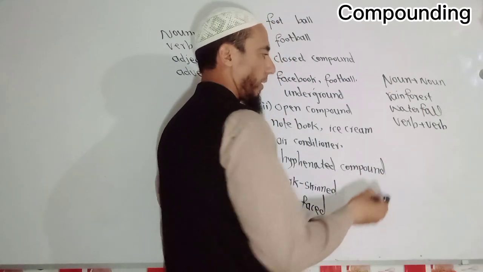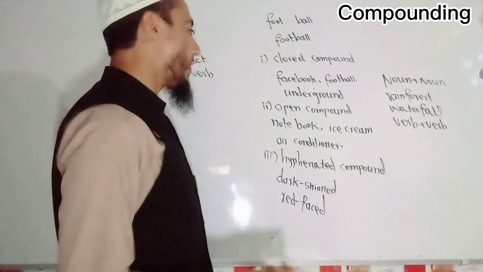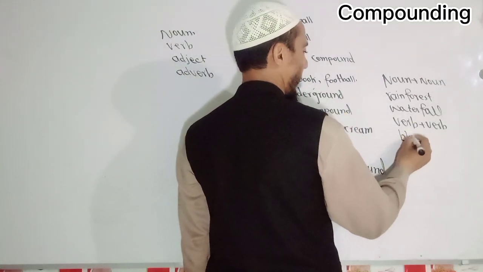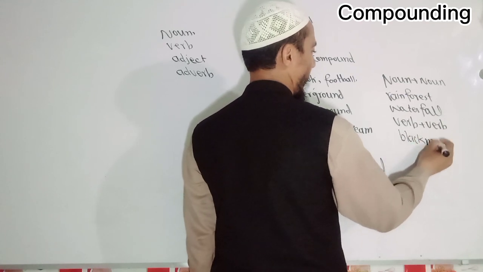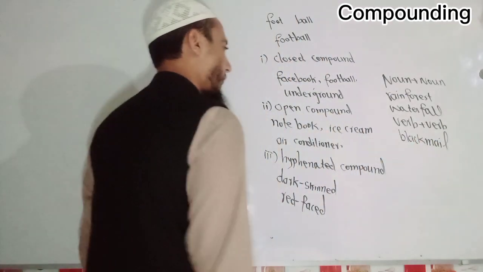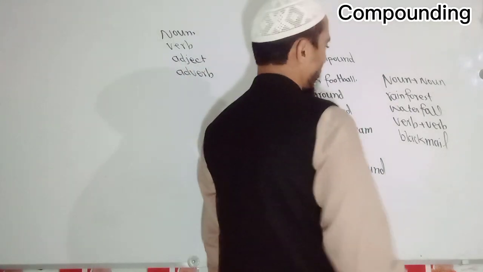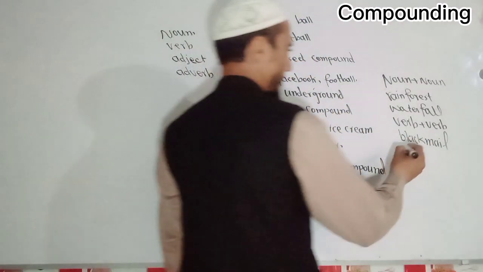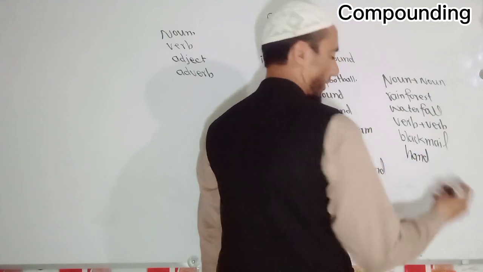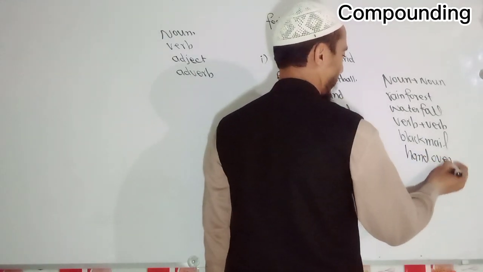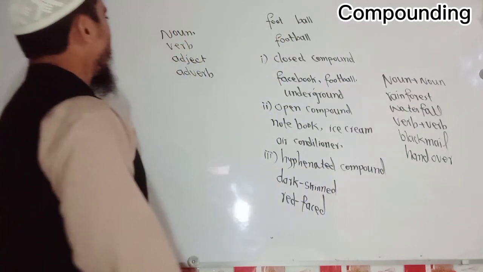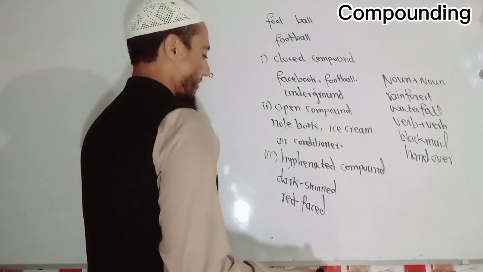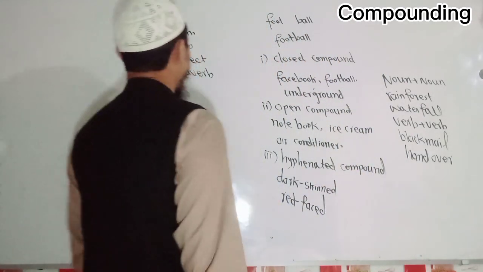Verb plus verb. What would be an example of verb plus verb? For example, you say blackmail. Or handover. Sometimes we say handed. So handover. And it would be from adjective, as I already presented examples, like red-faced.